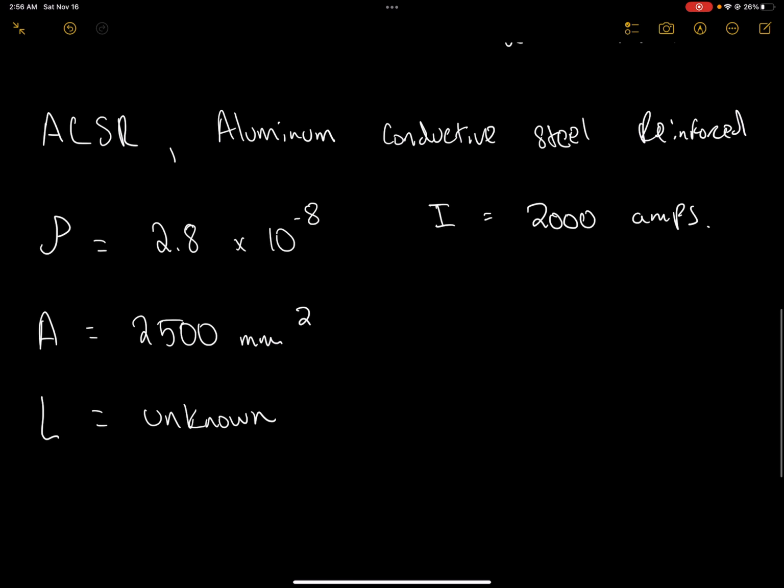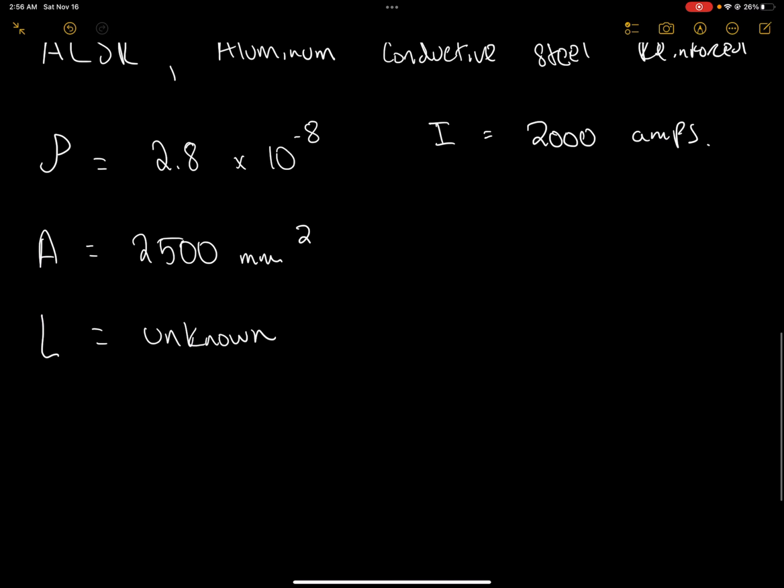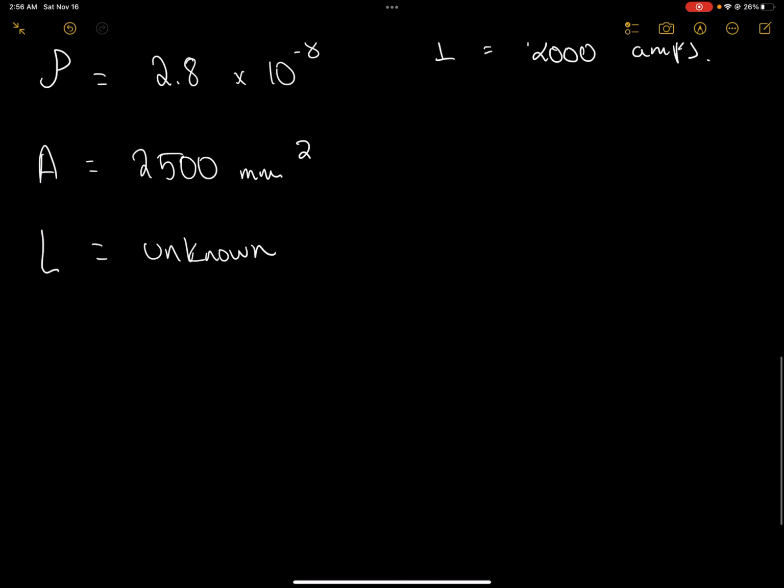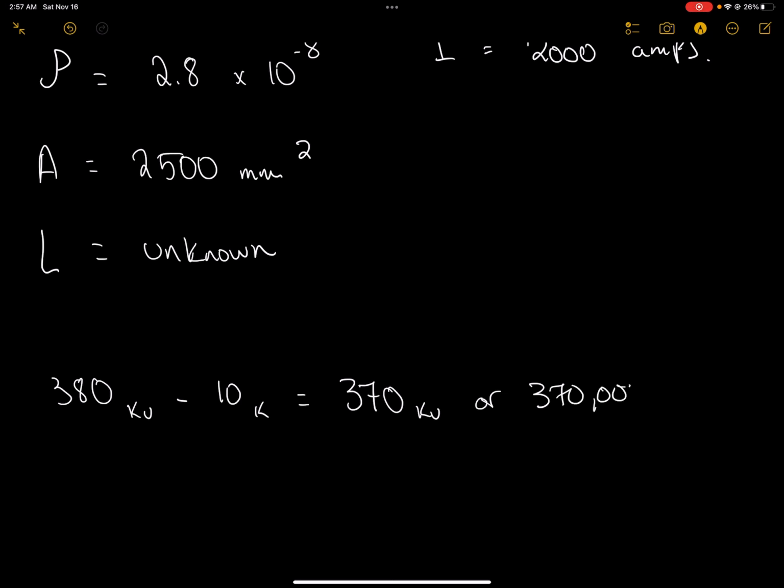Okay, so first things first, understanding voltage drop and Ohm's law, we need to calculate the maximum amount of volts that can be lost throughout our circuit. We have a starting number of 380 kilovolts and the town requires 10 kilovolts, so we subtract the 10 kilovolts and we are left with 370 kilovolts, or 370,000 volts, right?